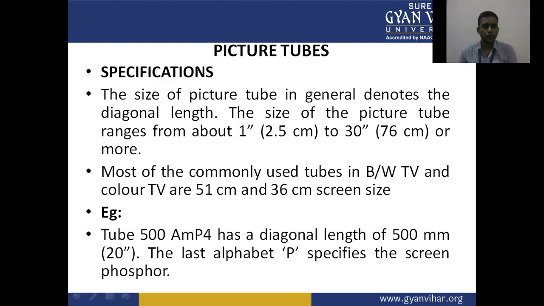The tube 500 AM-P4 has a diagonal length of 500 millimeters. The last alphabet P specifies the screen phosphor. So the picture tube ranges from 1 inch to 30 inches in the black and white television system, and in the case of the color television system it has a size of 51 centimeter to 36 centimeter screen size.